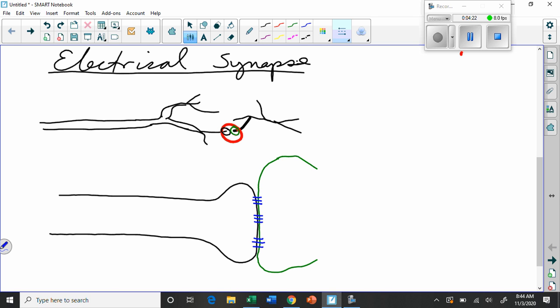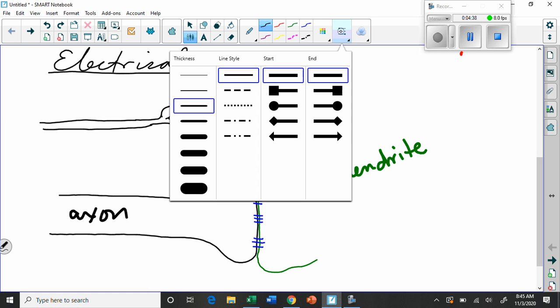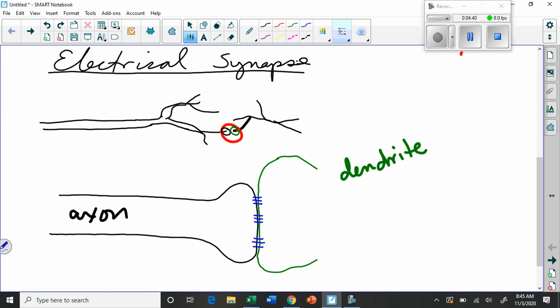These are called gap junctions. So I'm going to write on here, this is the dendrite part. And over here in black is the axon terminal. And in blue here, we have these nice little gap junctions. So let me just write gap junctions.